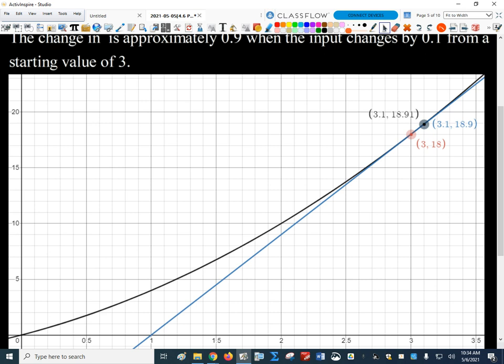We want to know, if the measured value creeps from my hopeful value of 3 up to this error-prone value of 3.1, how is that going to change the calculation that I make? The calculation that I make for the output was 18 in this case. Pretend that's a volume, okay? So pretend I'm calculating a volume of 18. If my measurement is off by 0.1, it's going to change my calculated volume by how much?